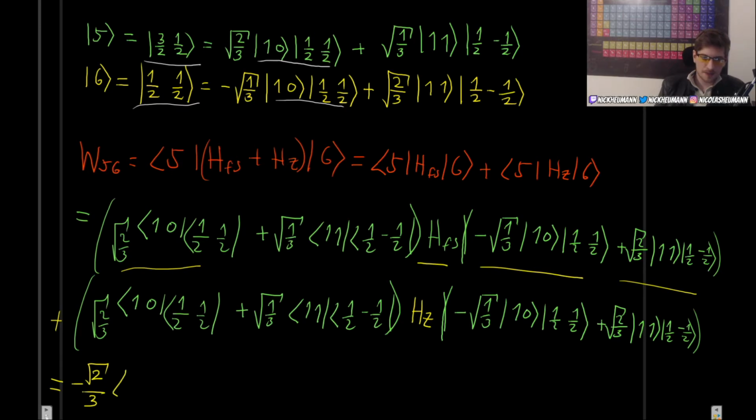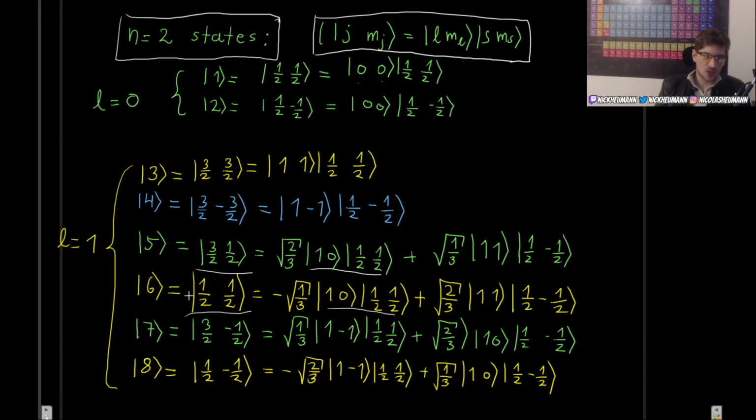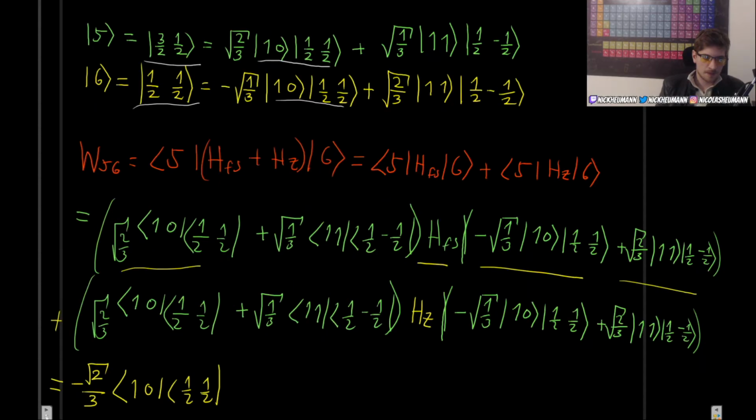And then we get the states 1, 0, 1 half, 1 half, and then the Hamiltonian for the fine structure. What is the J of state 6? J of state 6. That is 1 half, so it's minus 5 gamma. So here we get minus 5 gamma times the same state. 1, 0, 1 half, 1 half.